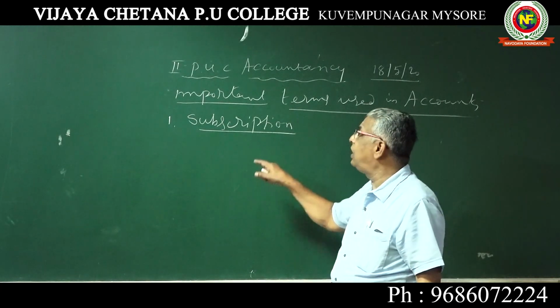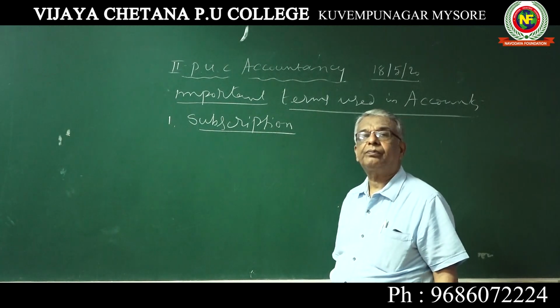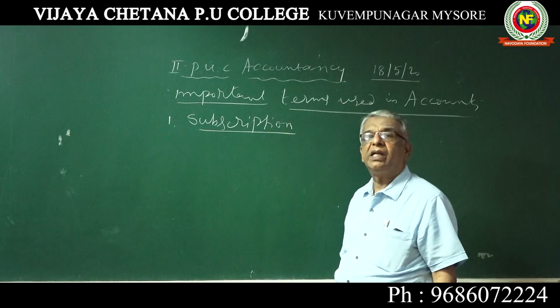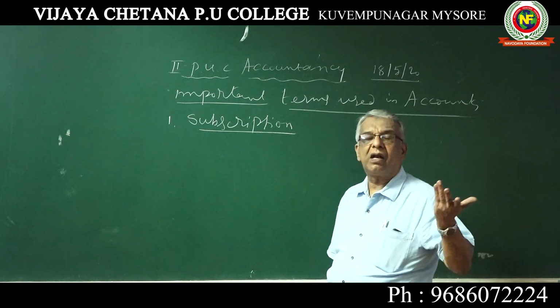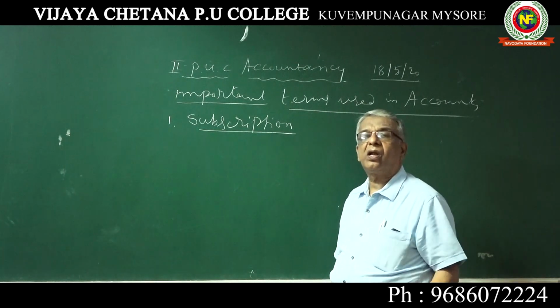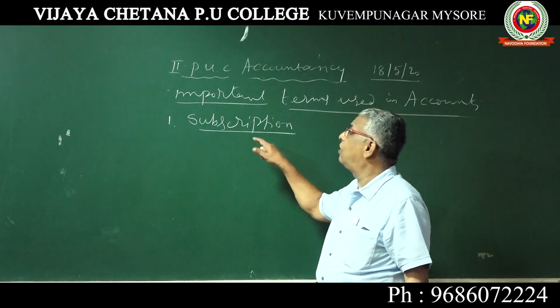That is the main source of income to the not-for-profit organization. It is revenue income because it has to be paid monthly, quarterly, half yearly or yearly. That is what is called subscription.